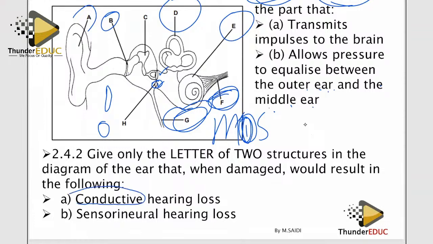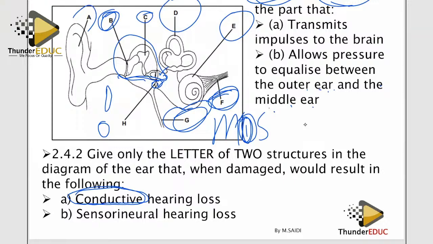It means it allows sound to be transmitted, basically the vibration. Where do we have vibrations? We find vibrations here. So if any of that part is damaged, since they put the letters, it is B and C. Remember, they conduct, they attach to one another.